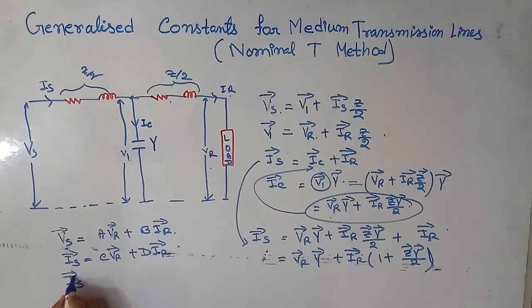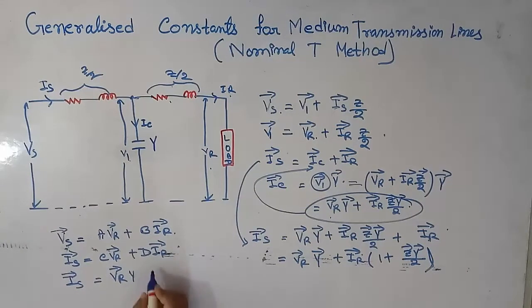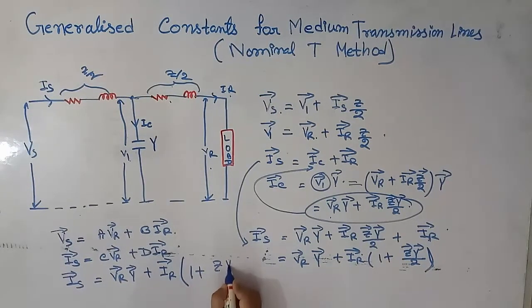Is is equal to Vr Y plus Ir into (1 plus ZY by 2).